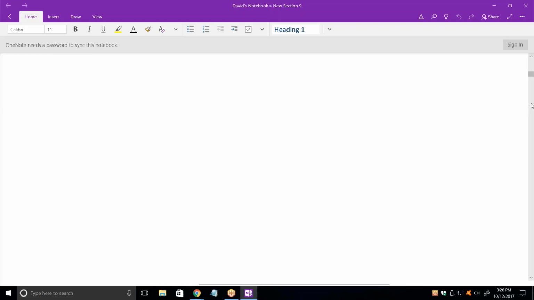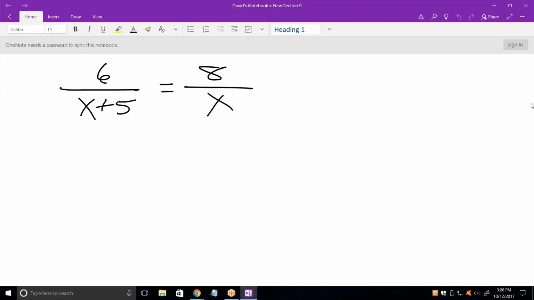Let me look. So we have 6 over x plus 5 equals 8 over x. What's the first step when I have a fraction equals another fraction? Cross multiply, right? Yep.